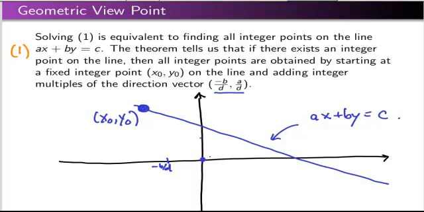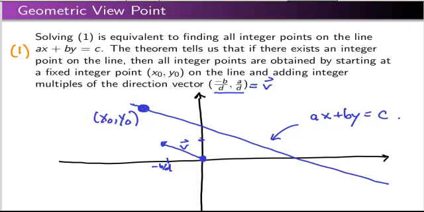Well, I've got to keep it in the same direction as the line I'm drawing right here. So it's going to be like that. a over d. Okay, so that's the direction vector. Let's call it v, the direction vector. And it has integer coordinates.